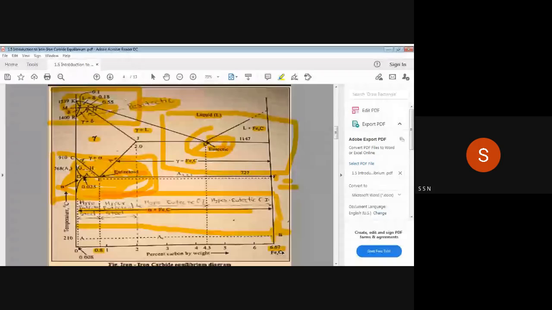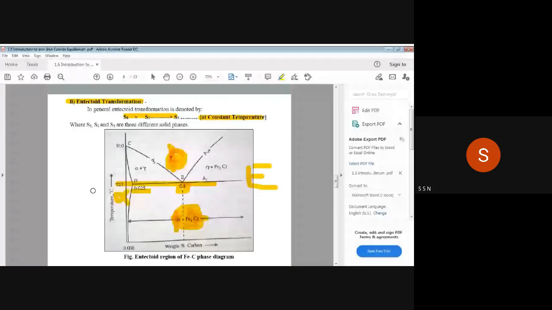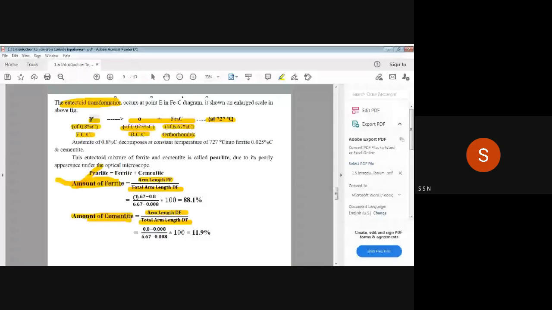And total arm length DF: 6.67 minus 0.025 because at D point percentage of carbon is 0.025. So just put the values, 6.67 minus 0.8, 6.67 minus 0.025. So into 100 will get in the percentage and this percentage is coming 88.1.